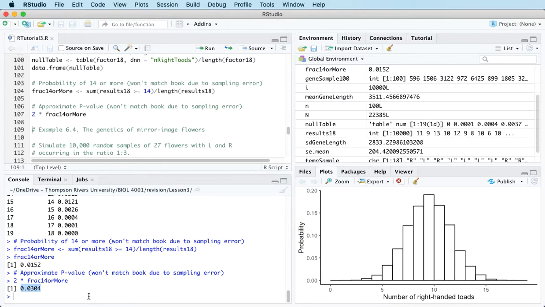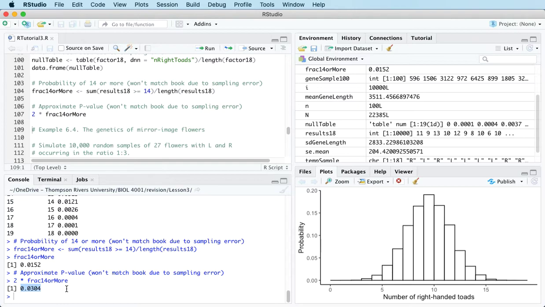I don't feel comfortable with that null hypothesis because I'm seeing something that's very unlikely to have happened if the null hypothesis were true. So to make a decision and to draw a conclusion, we need to have some threshold that we can compare this p-value to. And that threshold is known as the significance level of the test.